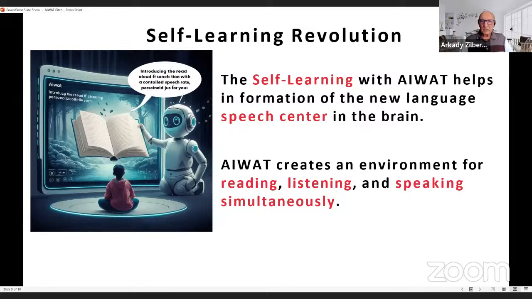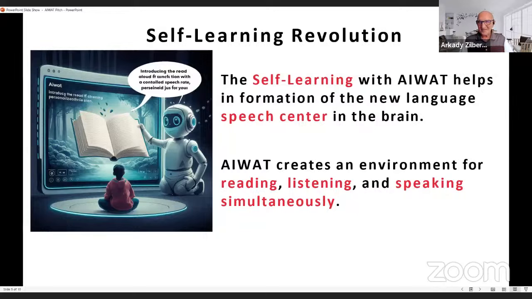I would like to stress that at the beginning I mentioned that we use 3 revolutions combined in AIWAT. Self-learning is a revolution. And now that we have the self-learning revolution, we should also understand that teachers cannot have lessons in subconscious training.